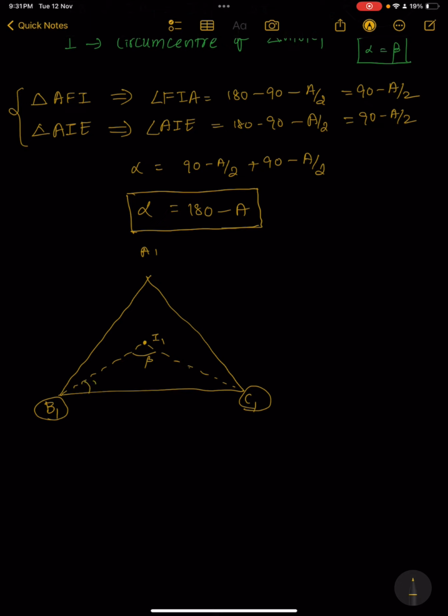So this angle will be B1 by 2, this will be C1 by 2, correct? So what is beta? Beta will be 180 minus B1 by 2 minus C1 by 2. Beta is equal to 180 minus half into B1 plus C1.